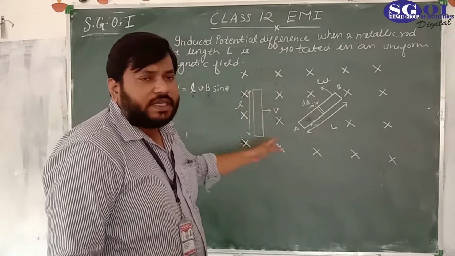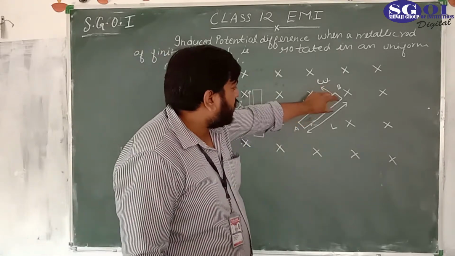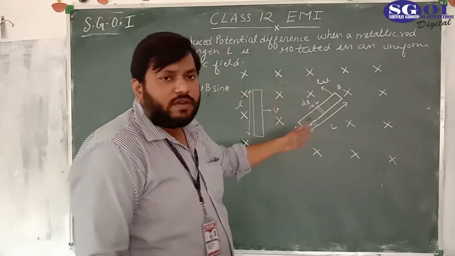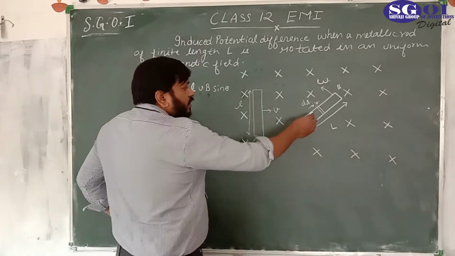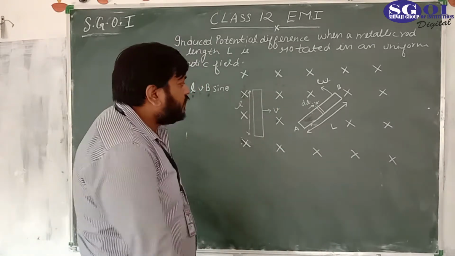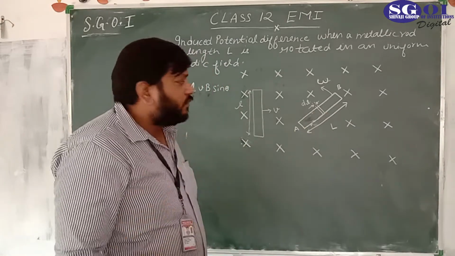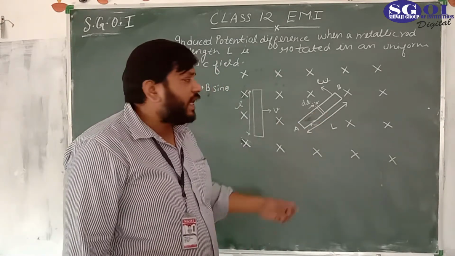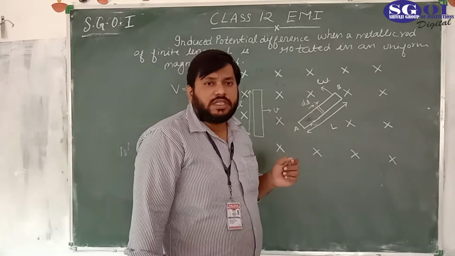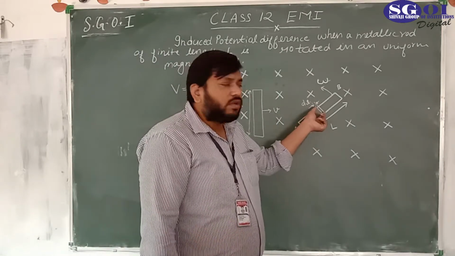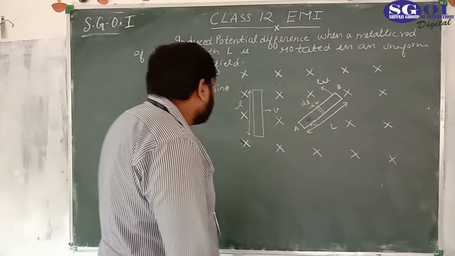So omega is a constant here. Then what will be the linear velocity of this particular element? If you want to find the linear velocity, at which velocity is this particular element moving?